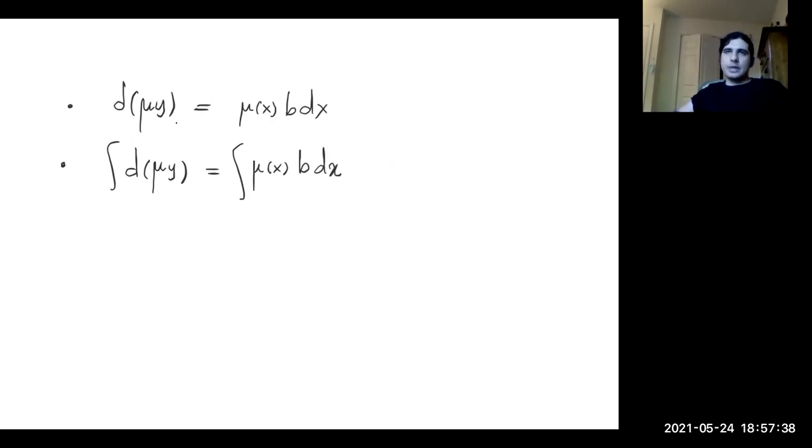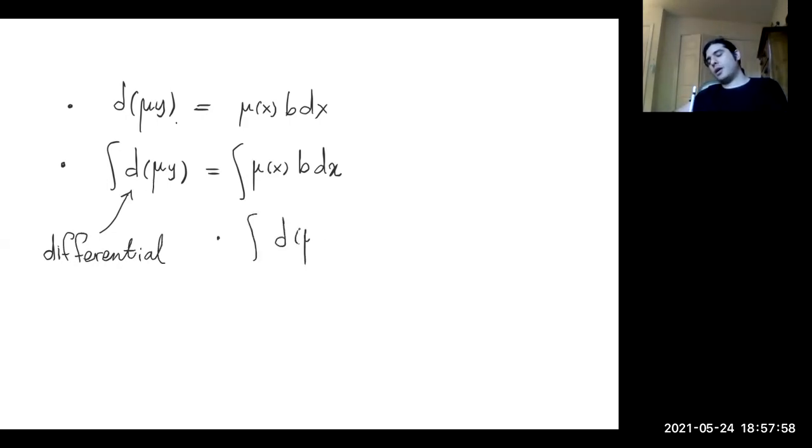Okay, now the point is that this d, which we call differential, and the integral as an operator, these two are almost the inverse of each other. So on the left-hand side, the integral of d of mu y, they would cancel each other up to a constant. What is the right-hand side?